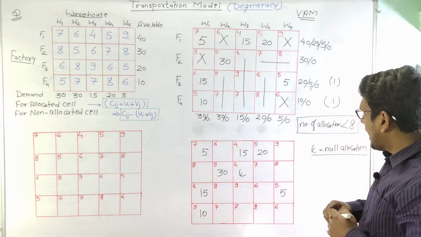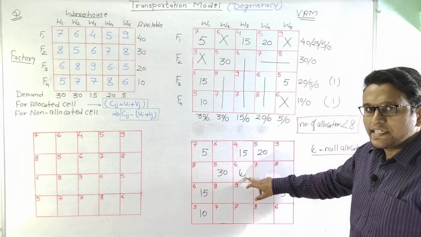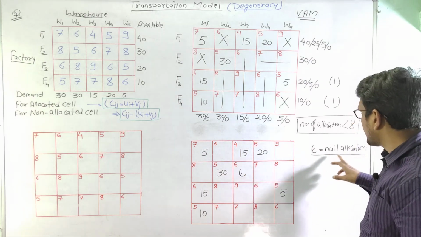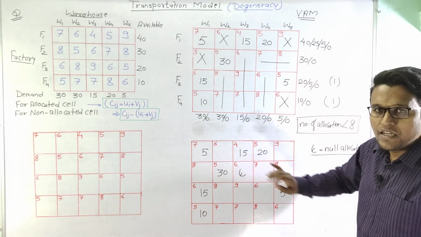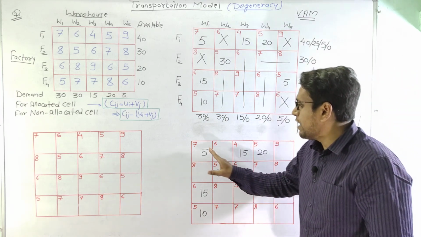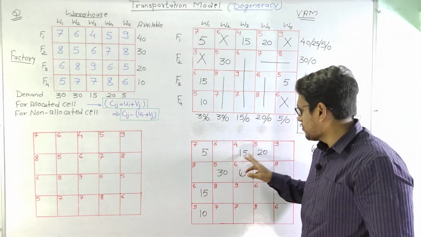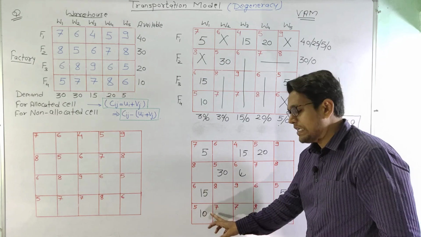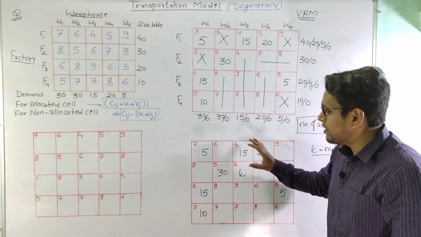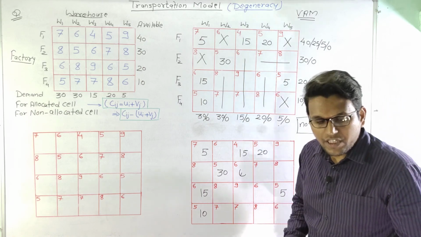So now I have allocated the value epsilon, which suggests that it has null allocation, that means zero allocation. So let us move ahead. Now we have total 8 number of independent allocations, 1 2 3 4 5 6 7 8, and now this can be our basic feasible solution. So how do we check the optimality?